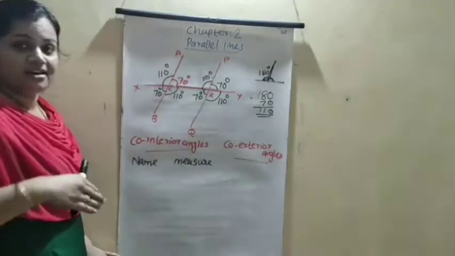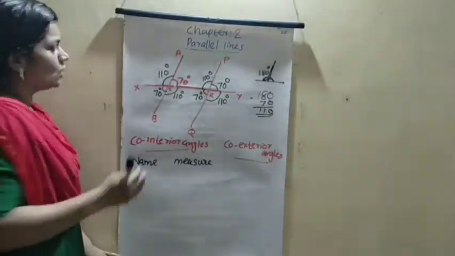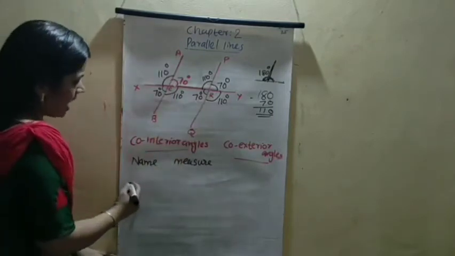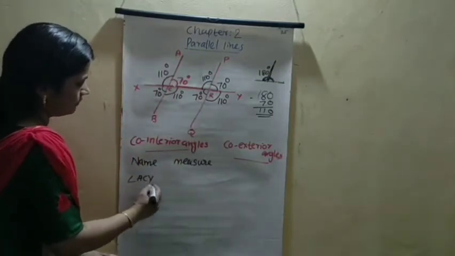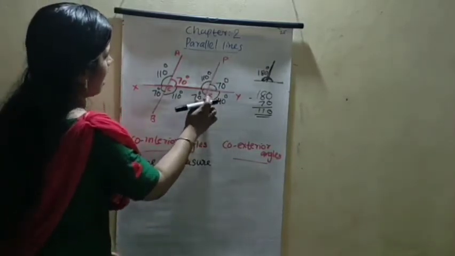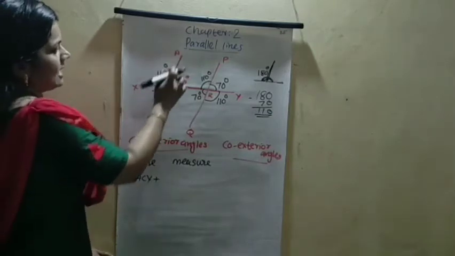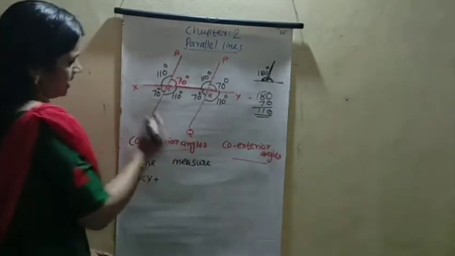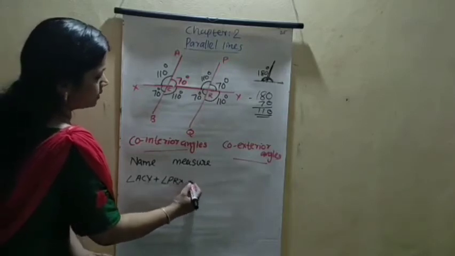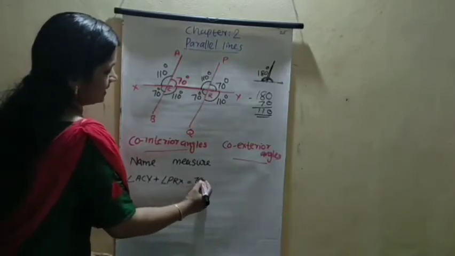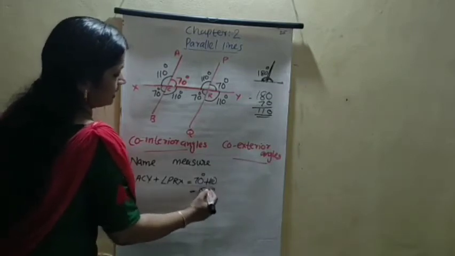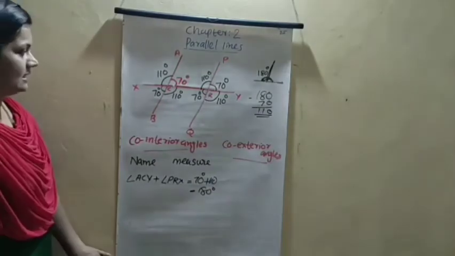Interior, in. Do you know what is in? So we can write angle ACY plus angle PRX. Angle ACY and PRX: 70 degrees plus 110 equals 180 degrees.